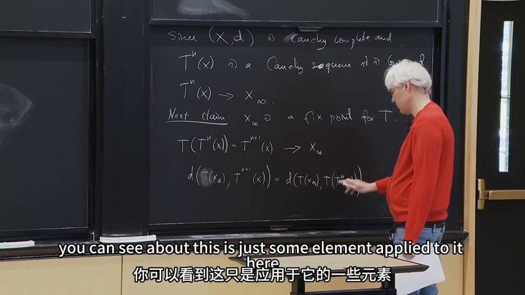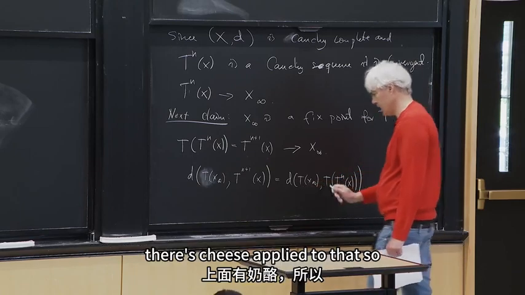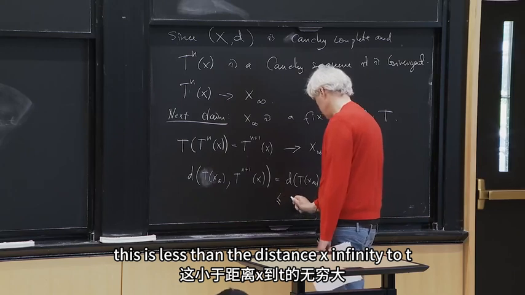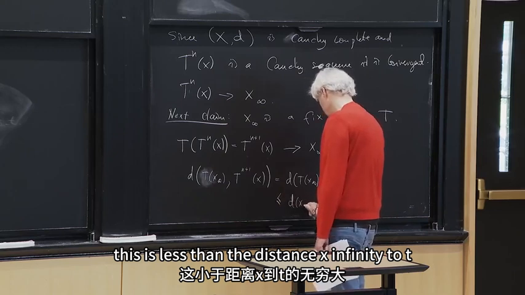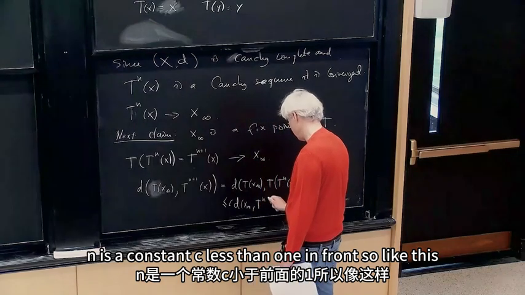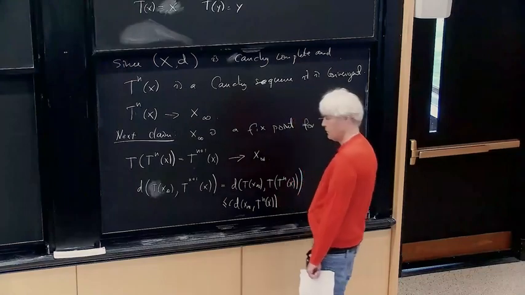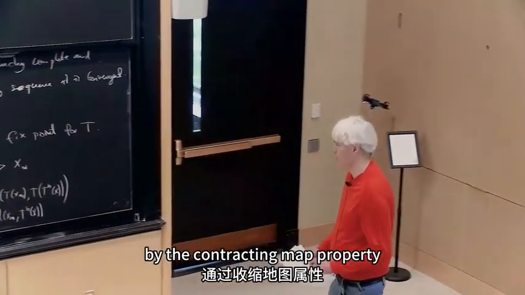You can think about this as just some element, apply T to it. Here there's T applied to that. So this is less than the distance from x infinity to T^n of x, with a constant c less than 1 in front, like this, right? By the contracting map property.